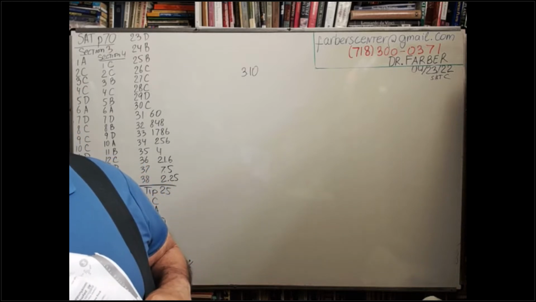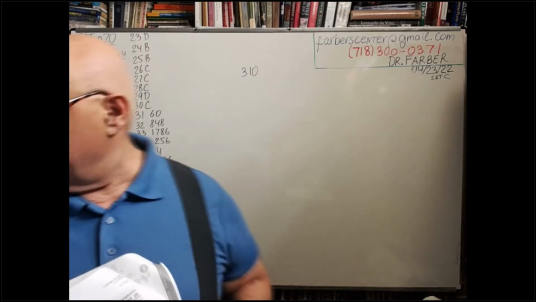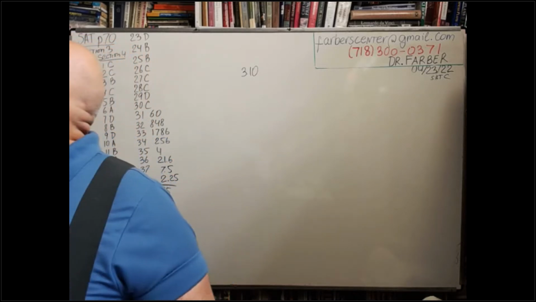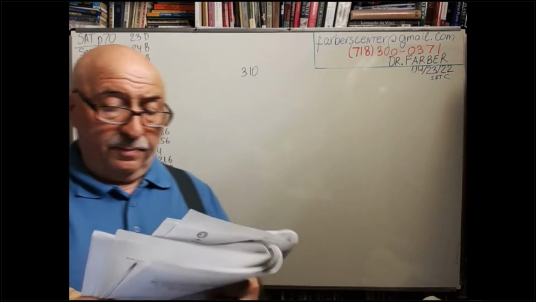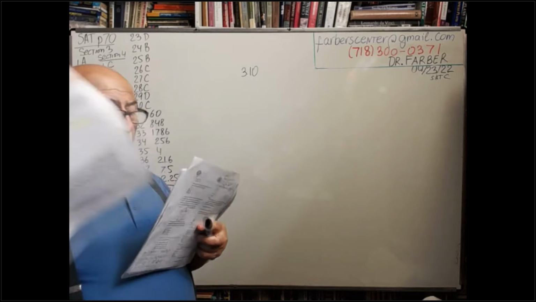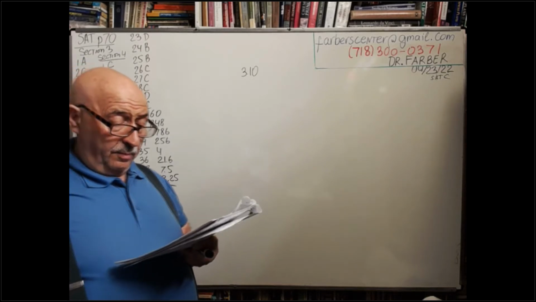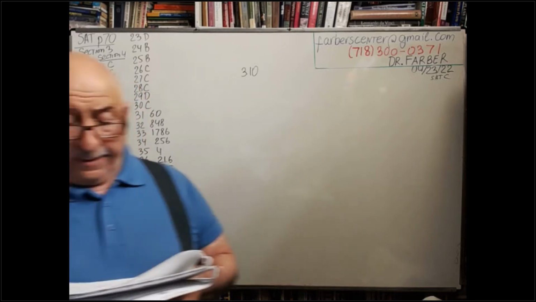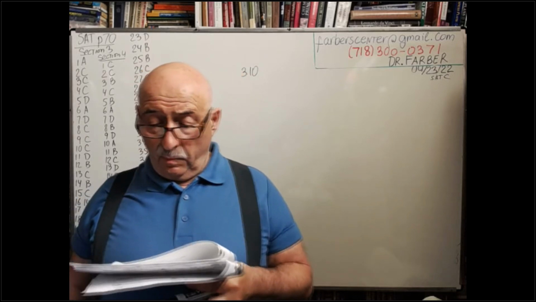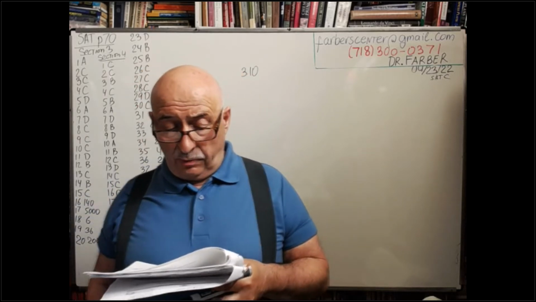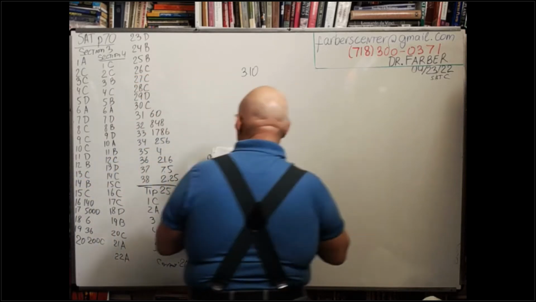Word problem, be ready to read out loud, and all of you read for yourself. Sam, you raised your hand. Dr. Farber, you said 310, right? Yes. In a homecoming game, a girls' basketball team scored 1/3 of its points during the first quarter, 1/4 of its points during the second quarter, 1/3 of its points during the third quarter, and 8 points in the fourth quarter. How many points did the team score in the game? Okay, thank you.